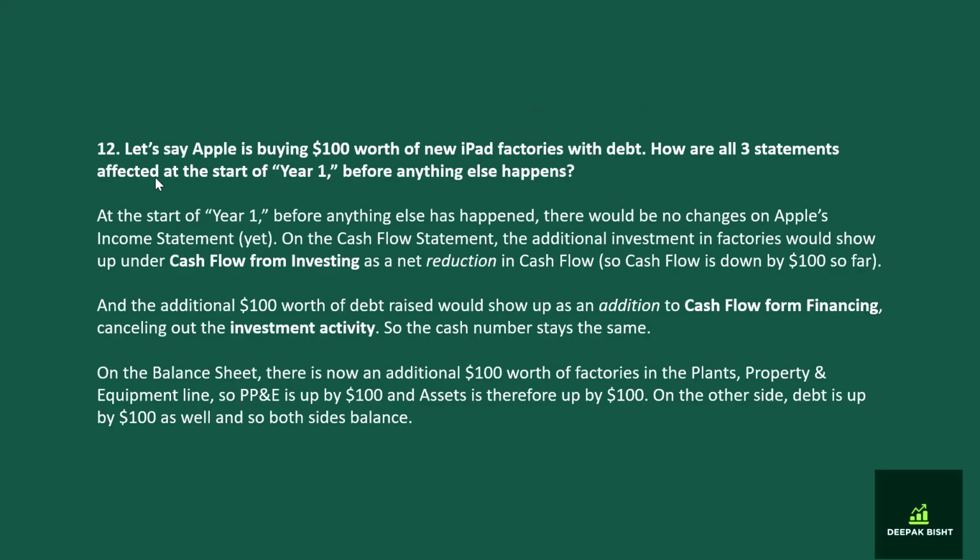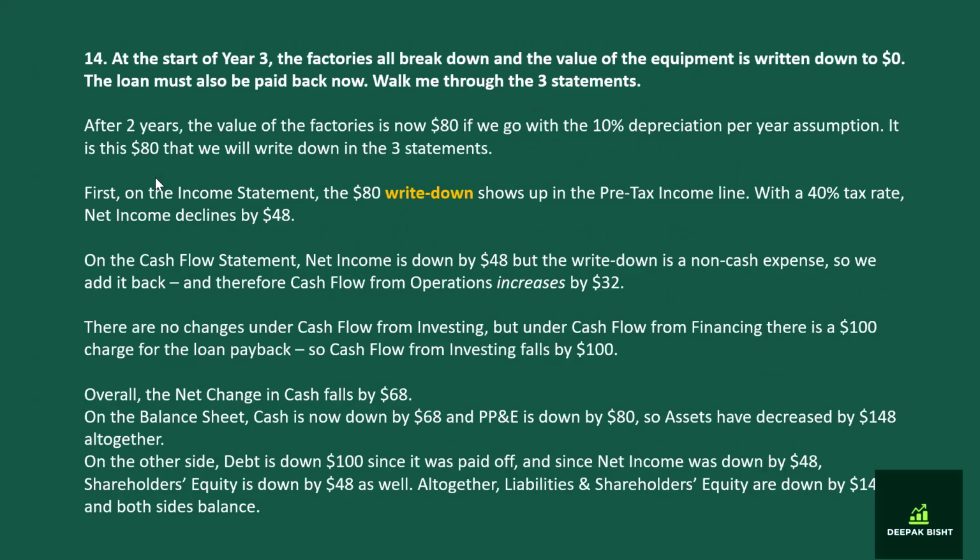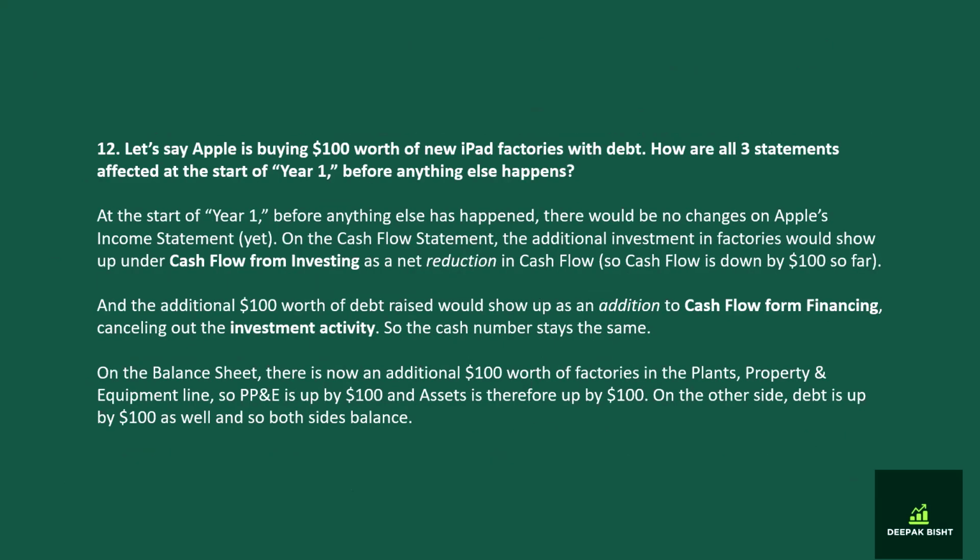So question number 12, question number 13, and question number 14. These three questions are linked. And for this, we will actually have to move to our Excel. So these are three questions on the same scenario. So here the question states that let's say Apple is buying $100 worth of new iPad factories with debt.